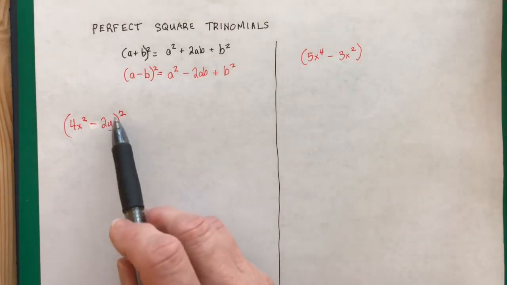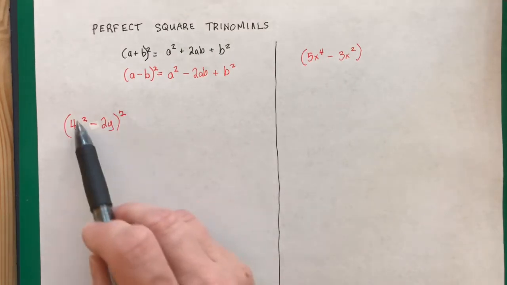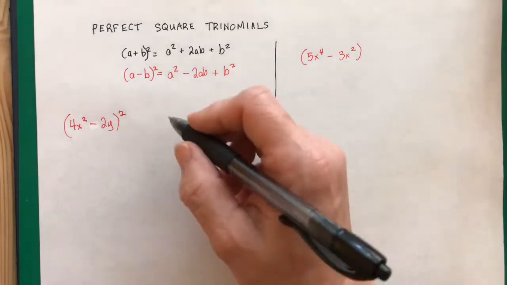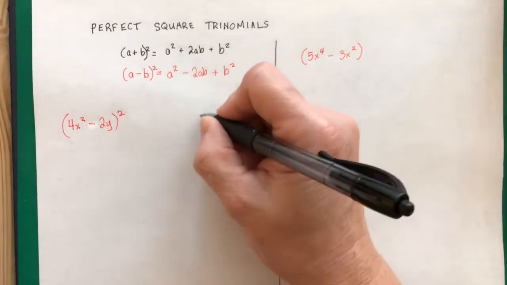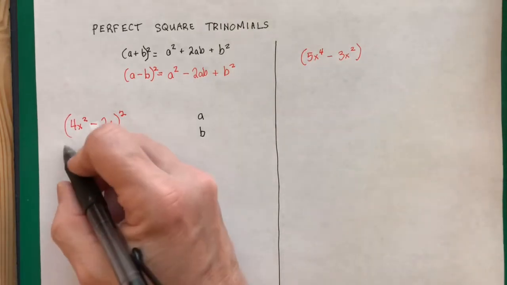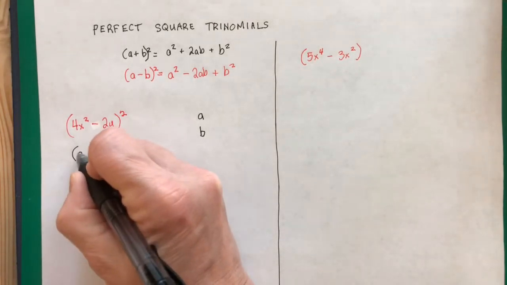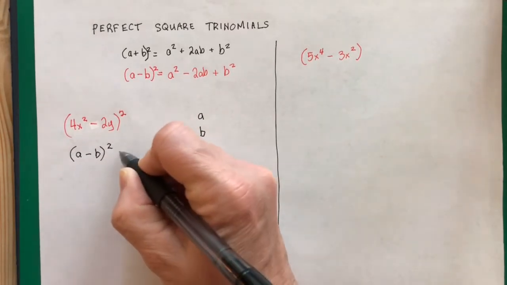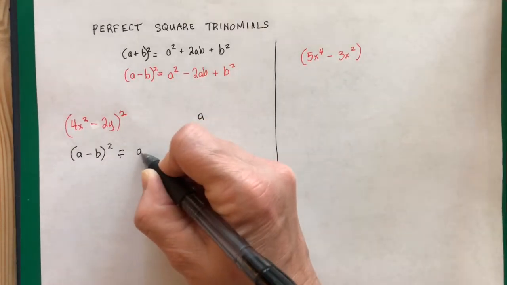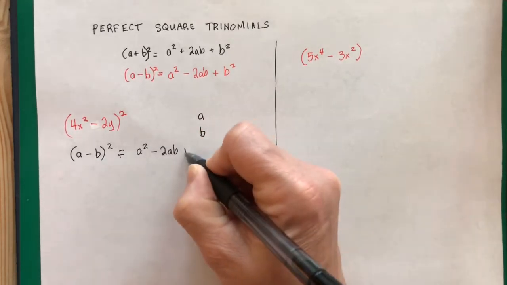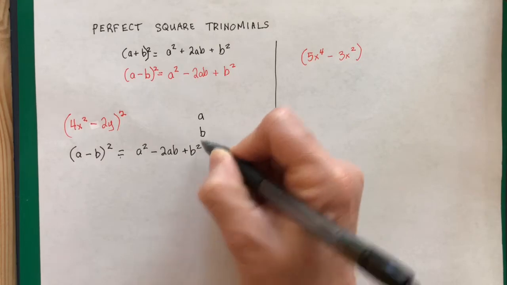This is a perfect square because what's inside here is squared, and you are going to figure out what a is and what b is and write down your formula. So your formula is a minus b, this whole quantity squared, equals a squared minus 2ab plus b squared.